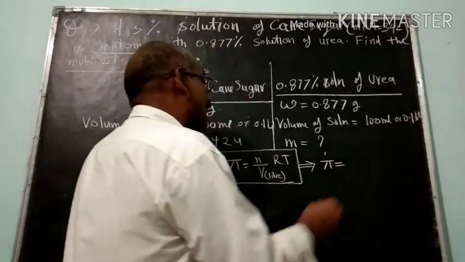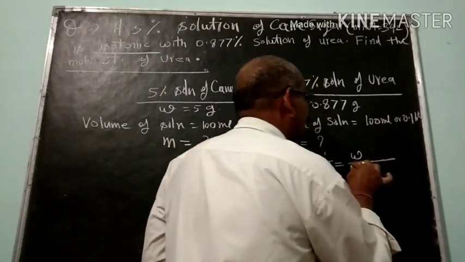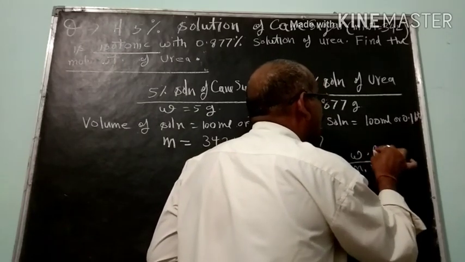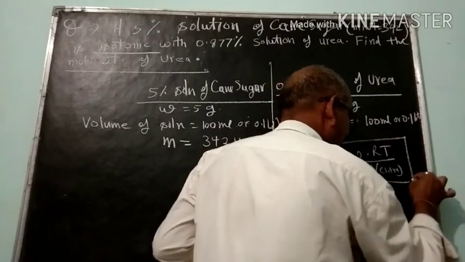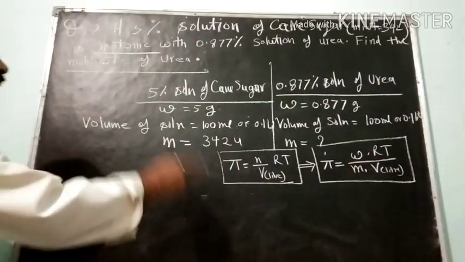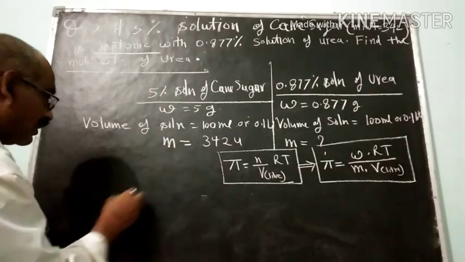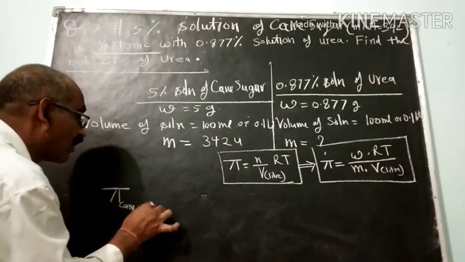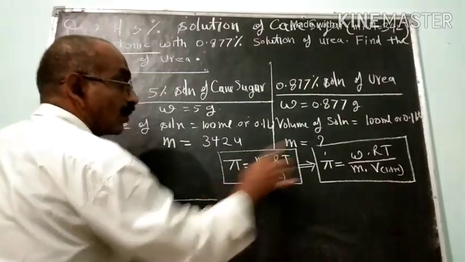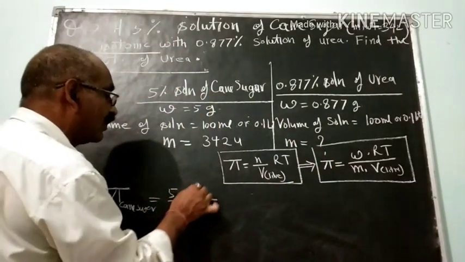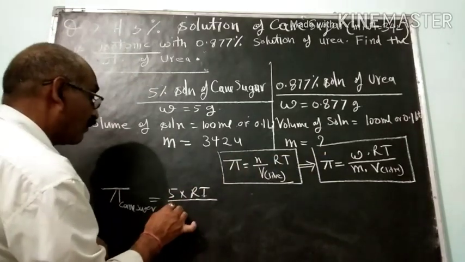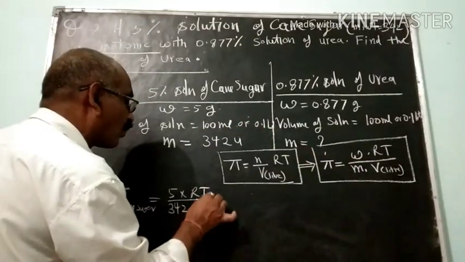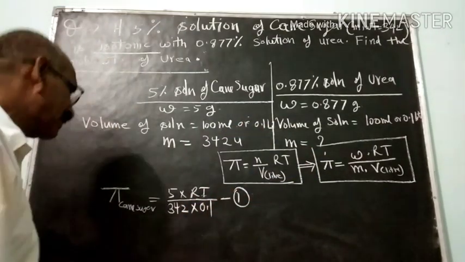So pi equals W over M V, V in liters, into RT. For cane sugar, pi equals 5 into RT over 342 into 0.1. This is equation number 1.